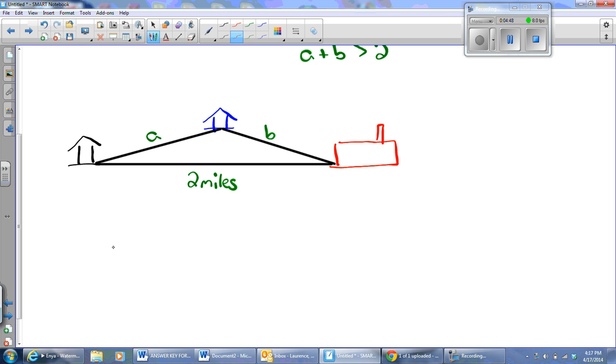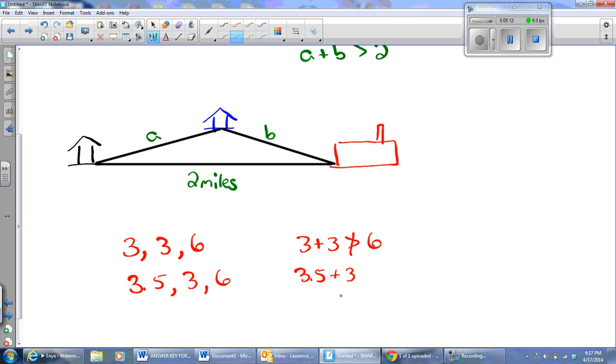So, for example, I could not have a triangle that is 3 inches by 3 inches by 6 inches because 3 plus 3 is not greater than 6. I could, however, have a triangle that's 3.5 by 3 by 6, because 3.5 plus 3 is 6.5, which is greater than the third side. That's true for any triangle. I don't care if it's acute, obtuse, or equilateral, it does not matter.